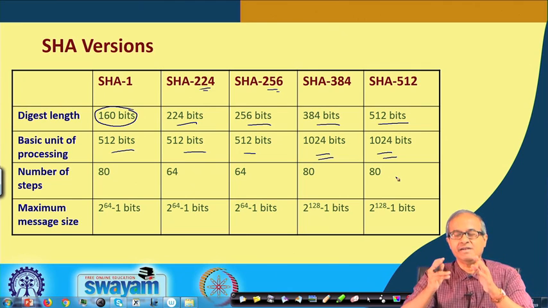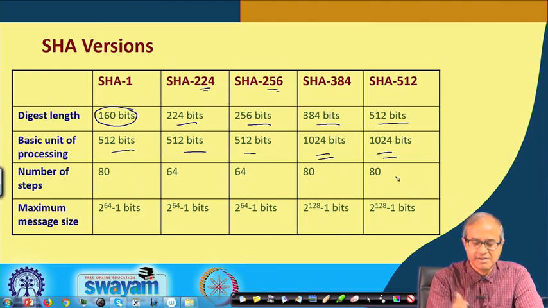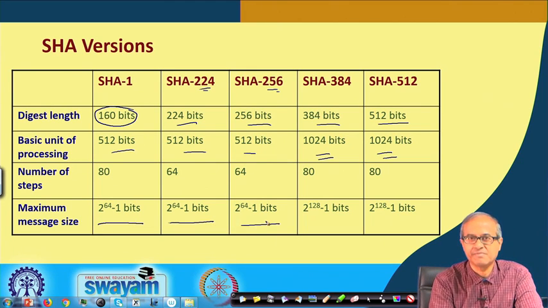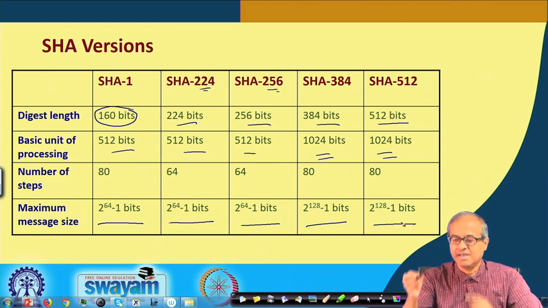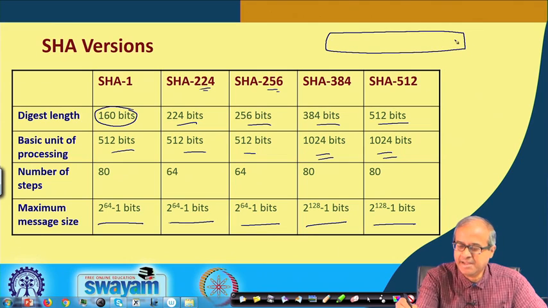And as I said earlier, the message size cannot be unlimited; there is an upper limit. Now, the upper limit is very large in fact. For the first 3 it is 2 to the power 64 minus 1, which is a huge number. For the last 2 it is 2 to the power 128 minus 1, which means, you recall, in that message that you are padding, at the end you put the message length.